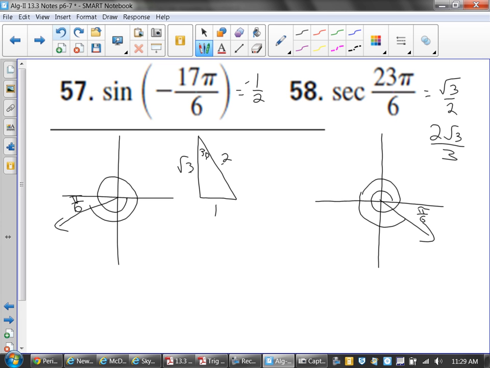Sometimes people, instead of writing it out as √3 over 2 to start with, if you're doing the secant, that is your hypotenuse over your adjacent. You could write it automatically as 2 over √3, and then just go 2√3 over 3. Either way is just as easy.